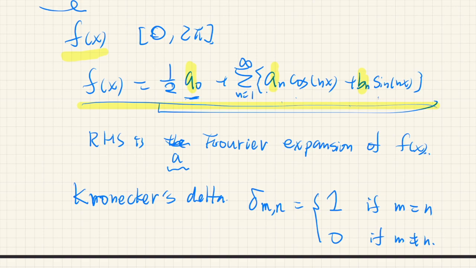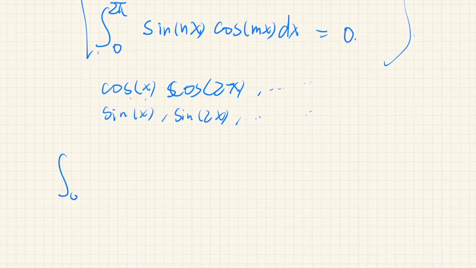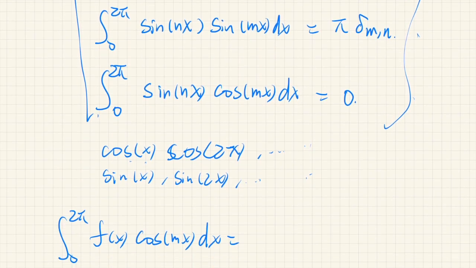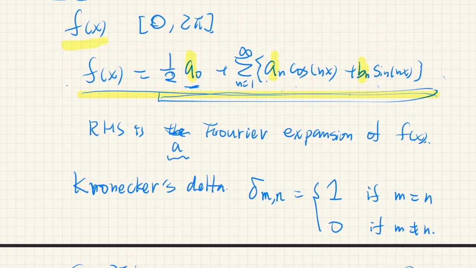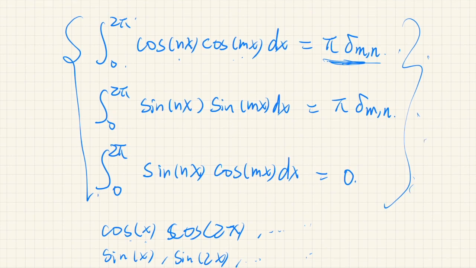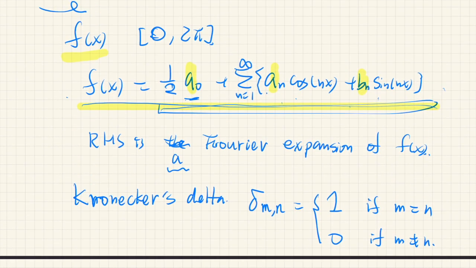If we multiply both sides of this by, say, cosine of mx, then integrate from 0 to 2 pi, the left-hand side will be the integral from 0 to 2 pi of f of x cosine mx dx, and the right-hand side will be all these terms multiplied by cosine mx. Everything will be 0 according to these properties, except when n is equal to m.